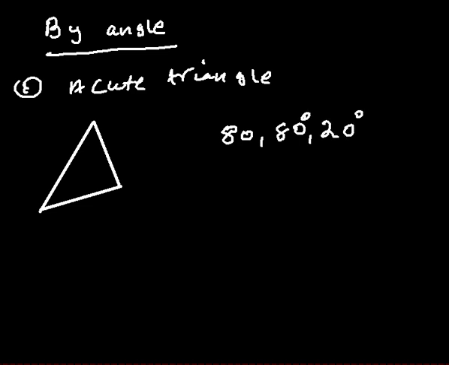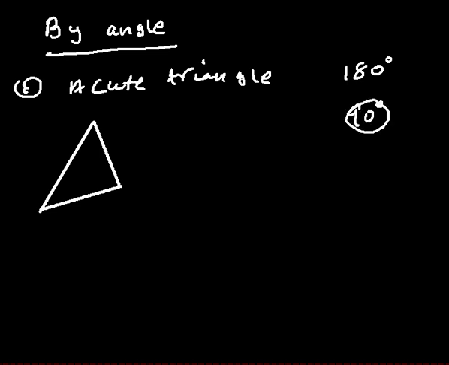By the way, the sum of angles of a triangle is 180 degrees. So try to come up with a list of angles that sum up to 180 degrees, but none of them should be equal to or above 90 degrees.